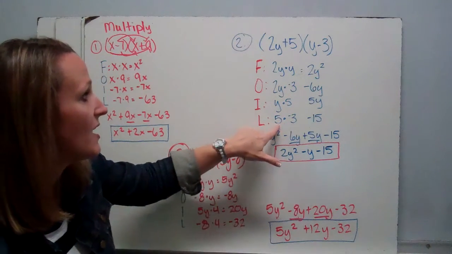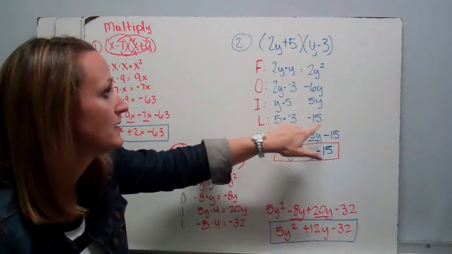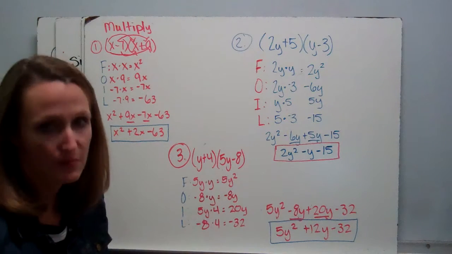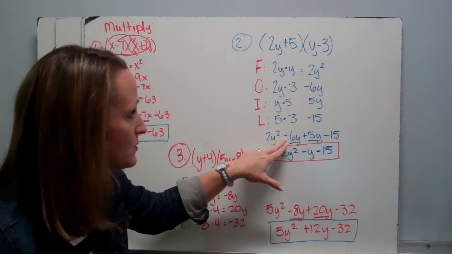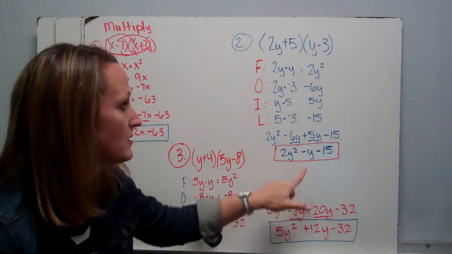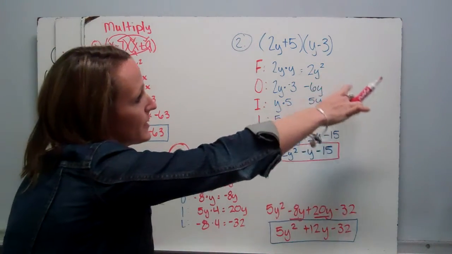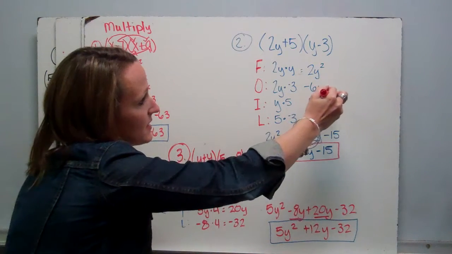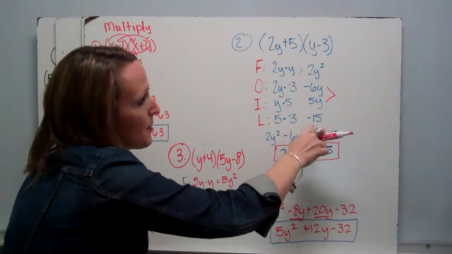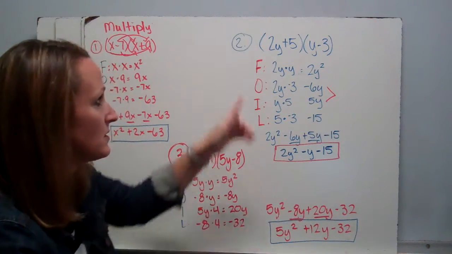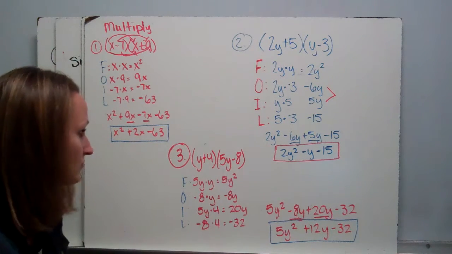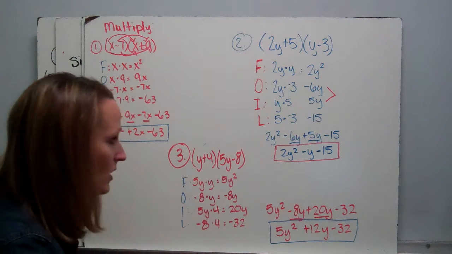Last, 5 times negative 3, negative 15. Combine your like terms. Negative 6y plus 5y equals negative y. What do we get? 2y squared, add these together, so minus y minus 15. FOILed it again.